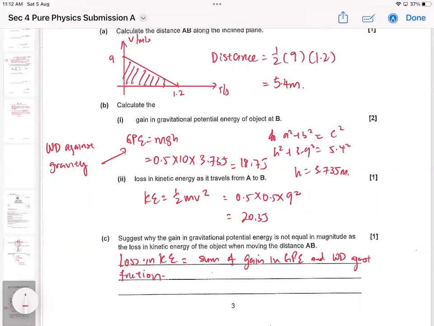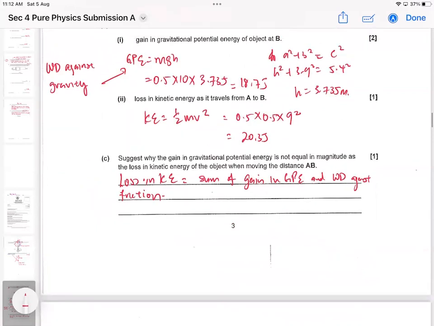In this context, 20.3 and 18.7, that's a difference of 1.6. So the loss in KE equals gain in GPE plus work done against friction: 20.3, 18.7, 1.6 joules.